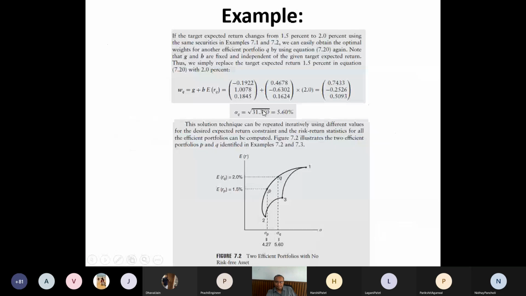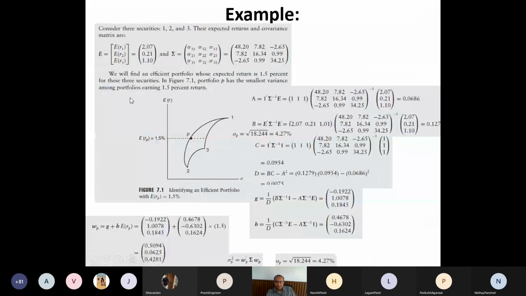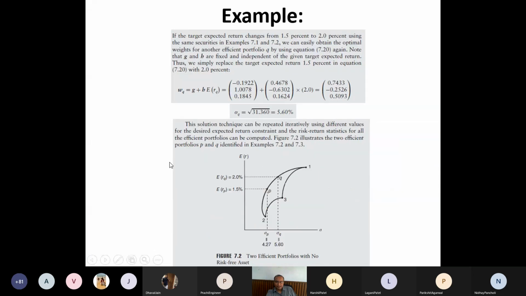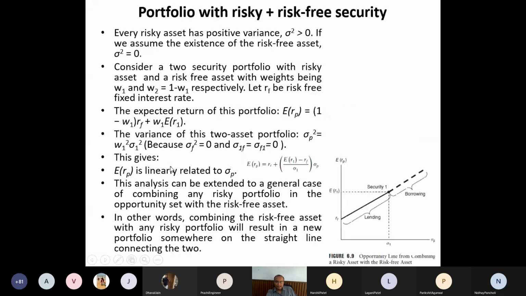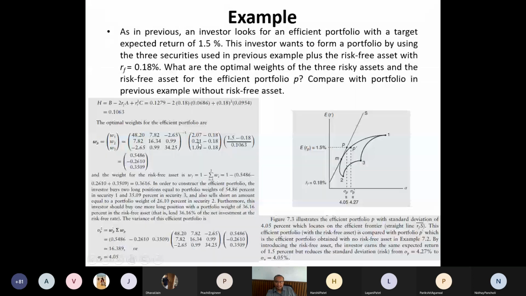The expected return of the risky securities is given, and the risk is given by the covariance matrix. Expected return is again 1.5%, but I introduce one more security, a risk-free security, and the risk-free rate is 0.18%.